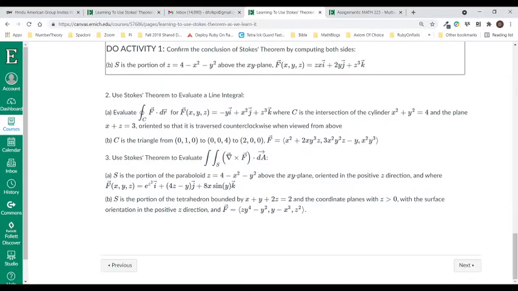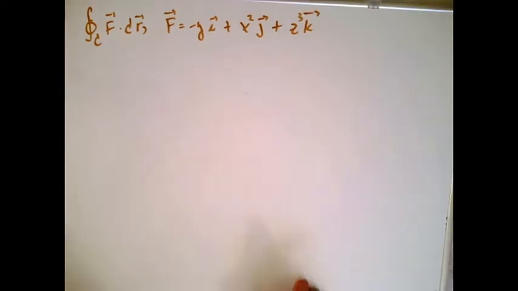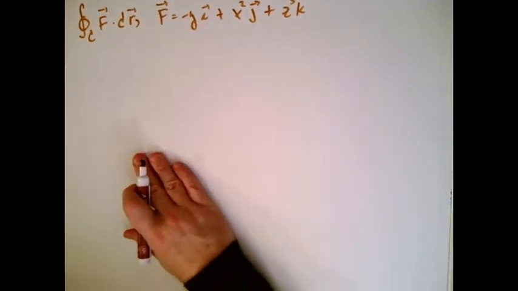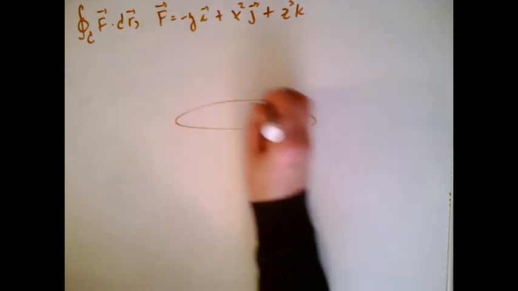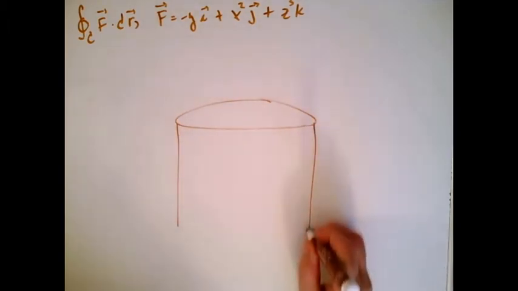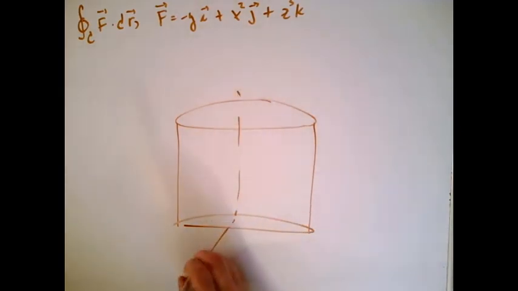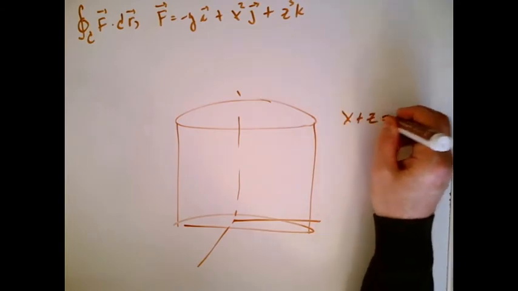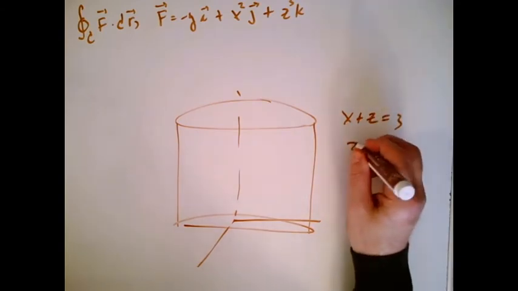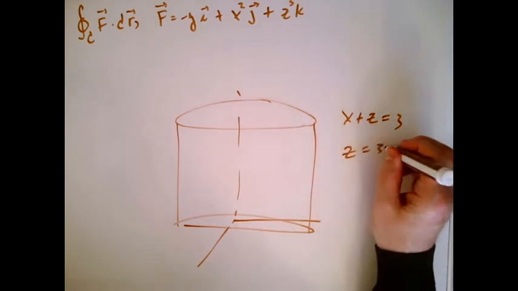Well, let's take a look at what we're looking at first. So here's the line integral they want. Here is the vector field that we're given. They gave us x squared plus y squared equals 4, which we can draw without killing ourselves at all. We can then take the intersection of that with x plus z equals 3. I'm going to rewrite this as z equals 3 minus x.